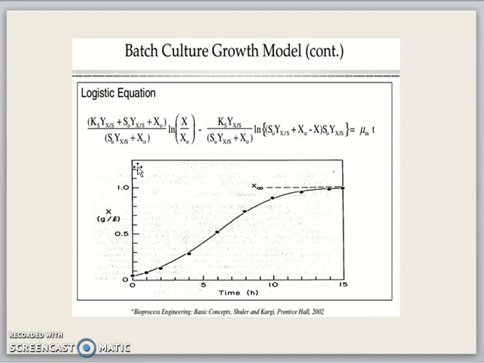Now you have to integrate the previous equation, okay? Then you will get this equation. This equation, the logistic equation, describes the sigmoidal shape growth curve. So the value of x asymptotically reaches the value of Yxs S naught plus x naught.